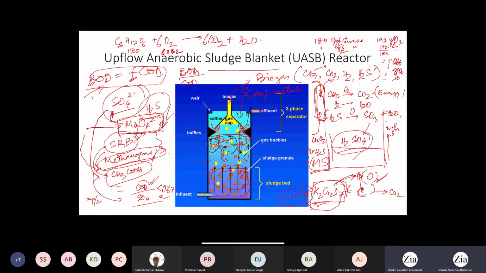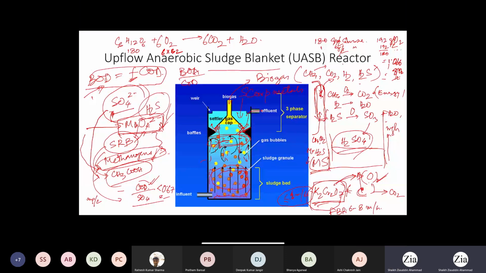So another option for an anaerobic system is the fluidized bed system. You maintain a little higher outflow velocity, in the range of 6 to 8 meters per hour, and you get substantial mixing. In the USB we safely maintain less than or equal to 1 meter per hour, and this is for the fluidized bed reactor.